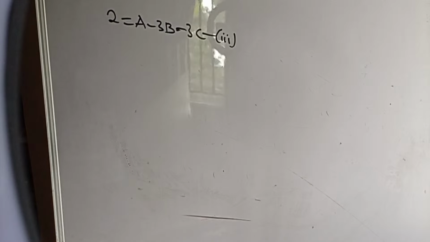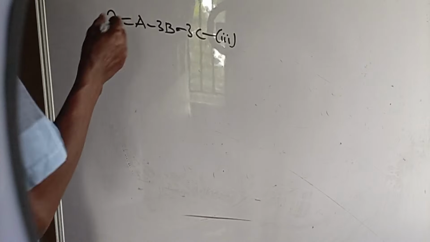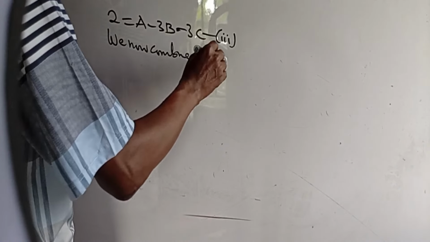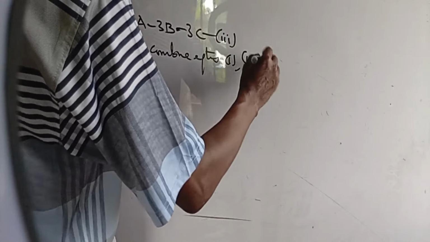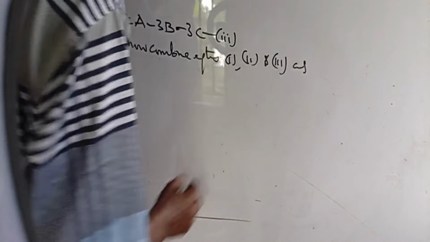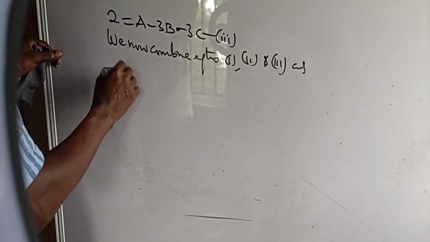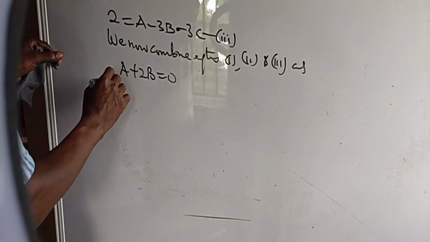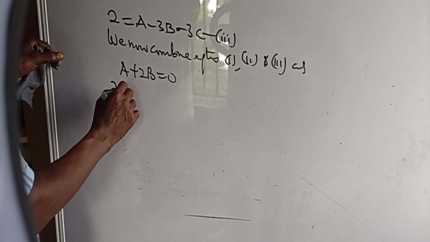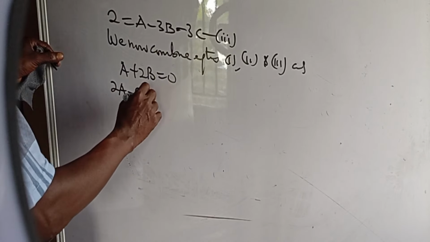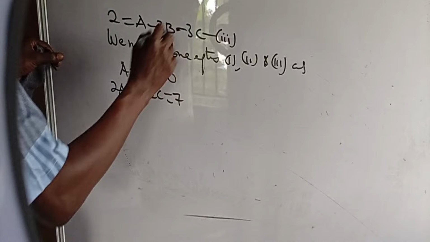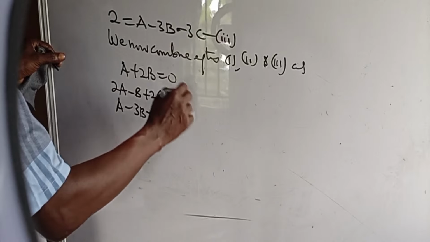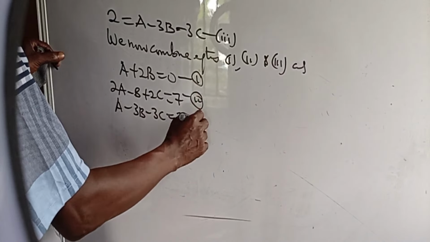We now combine equations 1, 2, and 3 as: a plus 2b is equal to 0. 2a minus b plus 2c is equal to 7. And a minus 3b minus 3c is equal to 2. Equation 1, equation 2, equation 3.